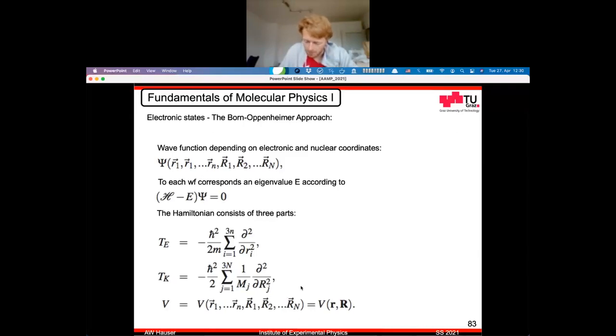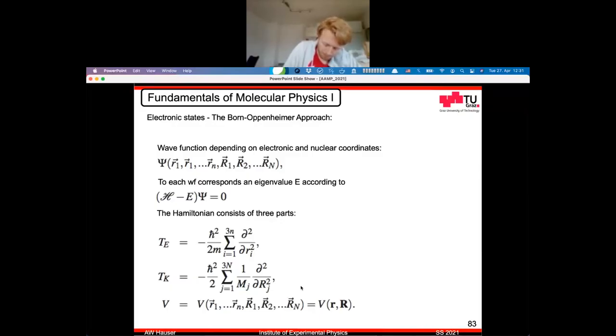But we can assume, and I guess this is how you might have heard about the Born-Oppenheimer approach before, that these movements are taking place on a different time scale due to the significant difference in mass between electrons and the nuclei.